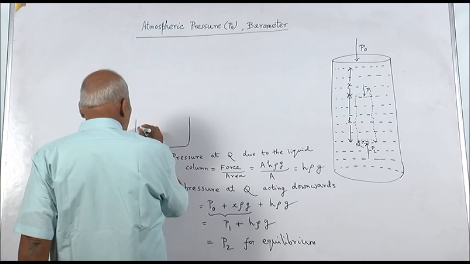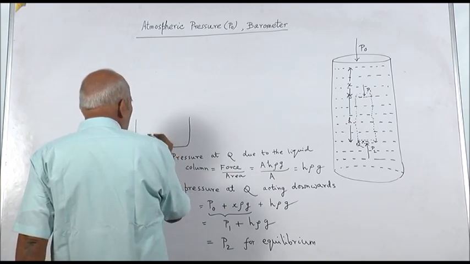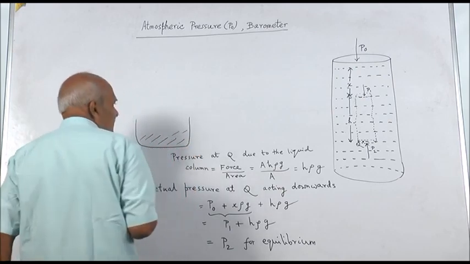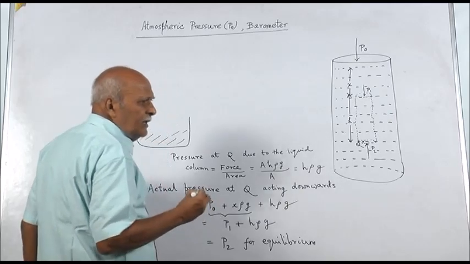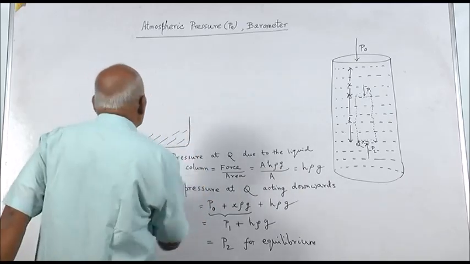And there is a container where mercury is present, and then he inverted the tube on this container.